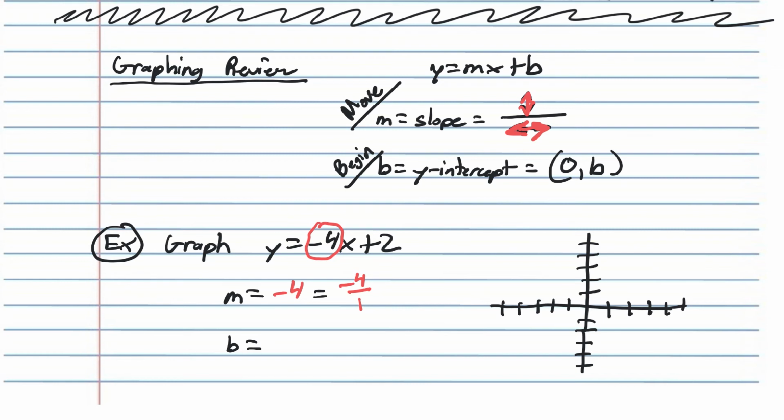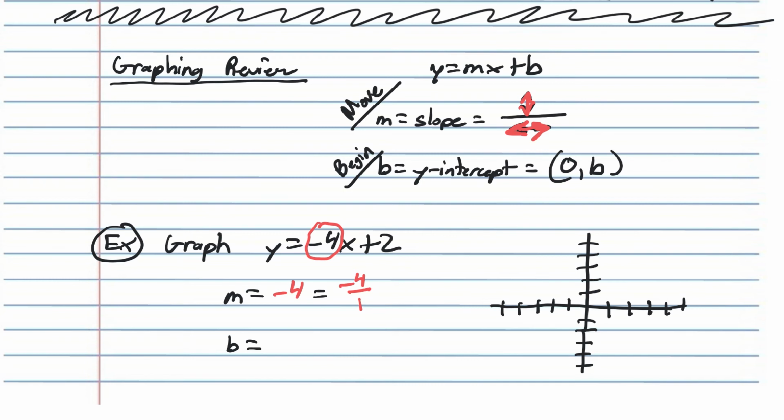Okay, now technically that negative, you could have given it to the bottom number instead. Right, the negative you can give to the top or the bottom. It doesn't matter which one you give it to, but just make sure you don't give it to both. Right, if you wrote down negative 4 over negative 1, that would be wrong. Okay, the negative goes to one or the other.